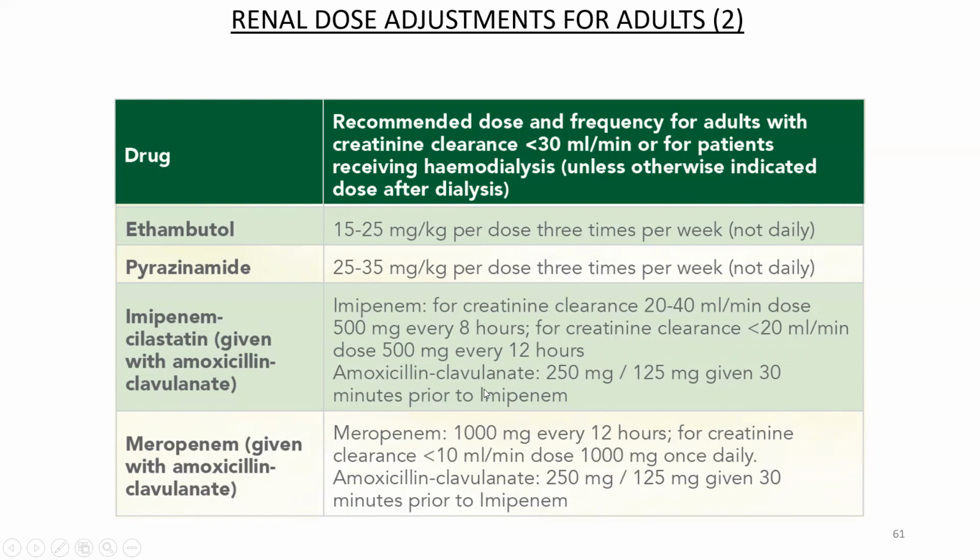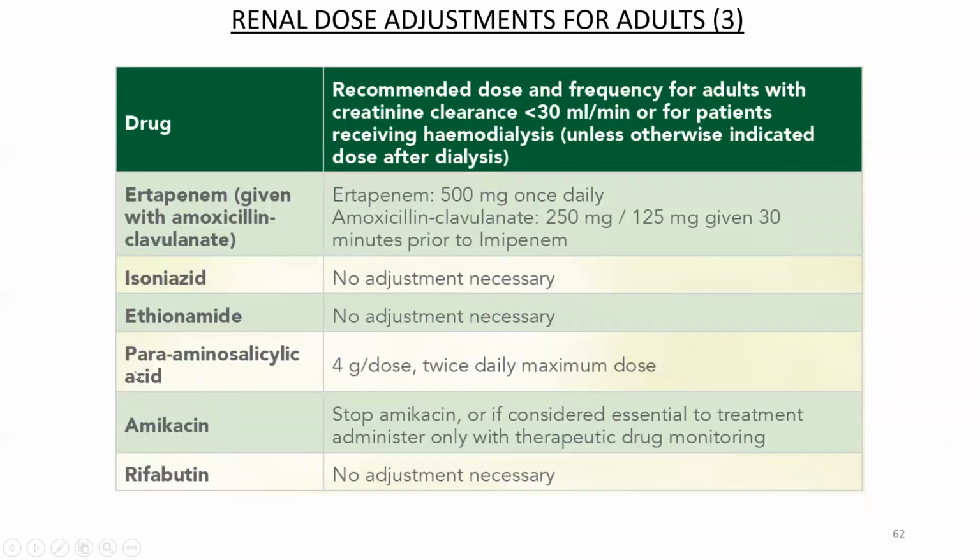For less than 10, it will be given 1,000 milligrams daily. Amoxicillin-clavulanate 250 over 125 milligrams is given 30 minutes prior. So those are the changes that you need to be aware of.